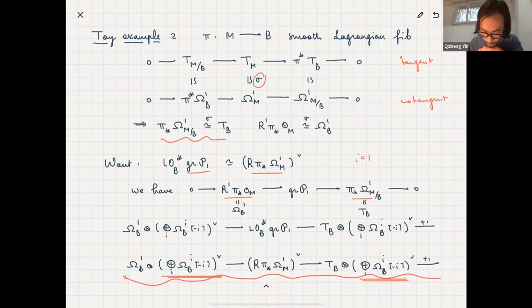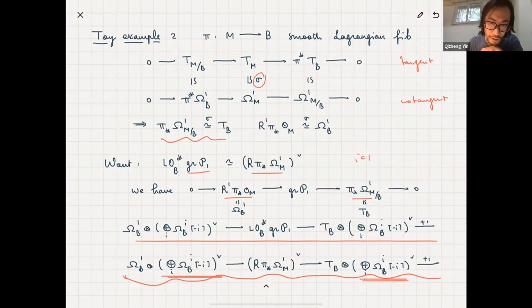So you write this short exact sequence, and then you do the derived pullback, and then you arrive at precisely the same formula. The left-hand side terms and the right-hand side terms are the same.